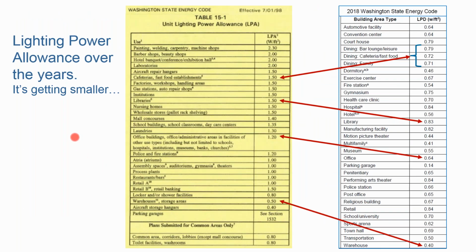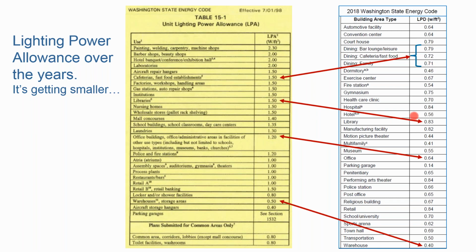Just a little thing here, the lighting power allowances over the years are getting smaller. If we go back to 1998, we see that, say, for cafeterias, we had 1.5 watts per square foot. Food establishments now, actually, it's separated out into some different types, but they're all about half of what you had before.